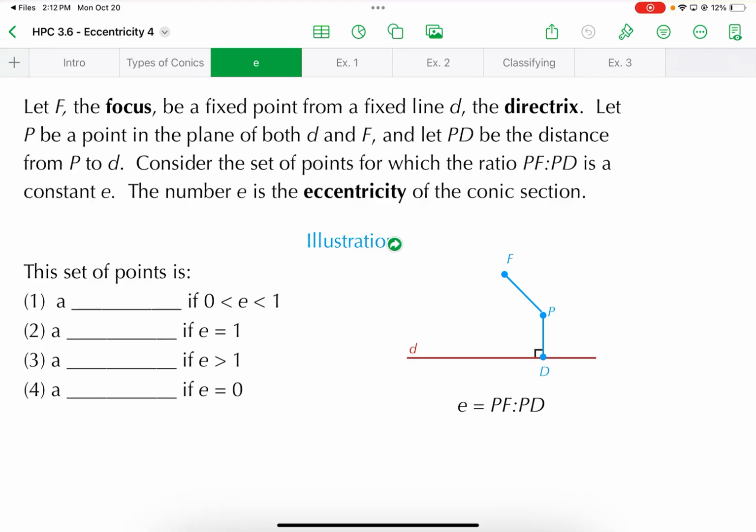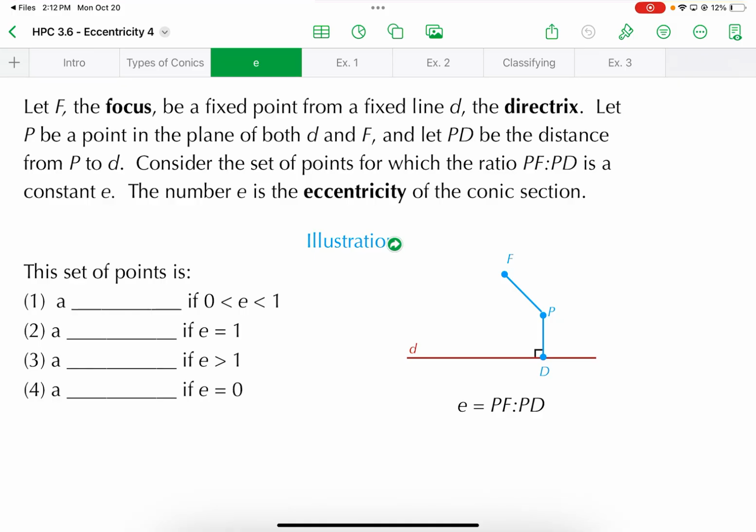They're only going to apply to the four above, all right? So let's talk about eccentricity now. Let F, the focus, be a fixed point from a fixed line D, the directrix. Let P be a point in the plane of both D and F. And let PD be the distance from point P to that directrix line D, okay?